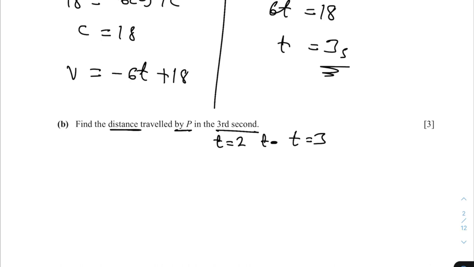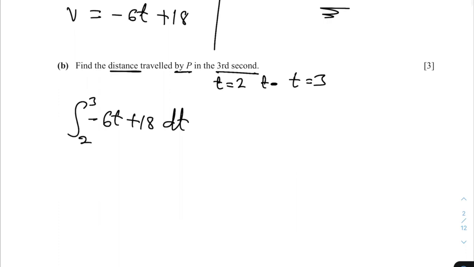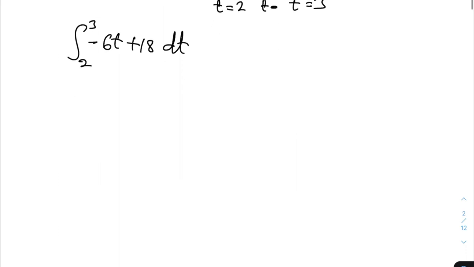Now, basically what we want to do is integrate our velocity, because we want distance. So integrate velocity, which is negative 6t plus 18, from 2 to 3 dt. That gives us negative 6t squared over 2 plus 18t from 2 to 3.